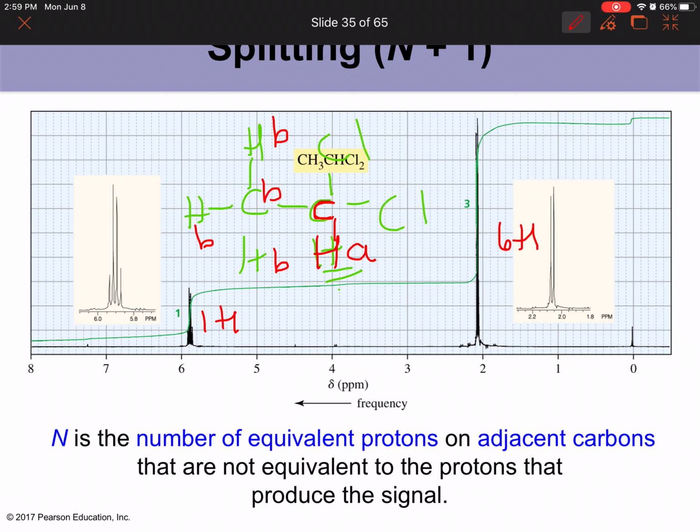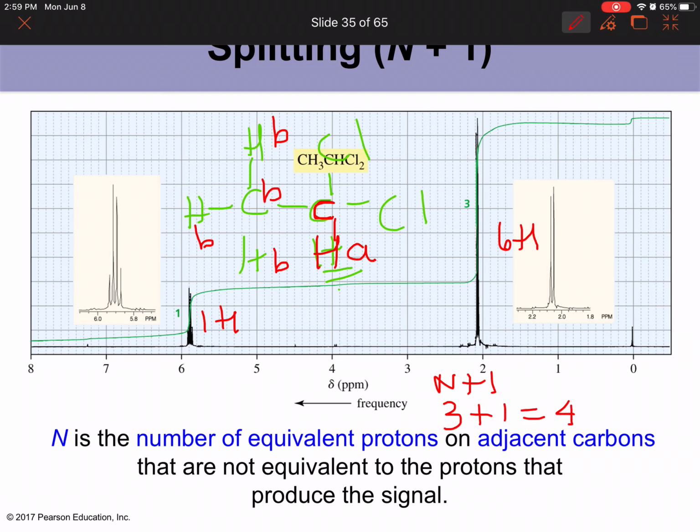So hydrogen A is going to split due to the 3 hydrogens on carbon B, like N plus 1. N is the number of hydrogens on the adjacent carbon. There are 3 hydrogens on the adjacent carbon to carbon A, so 3 plus 1 would be 4.